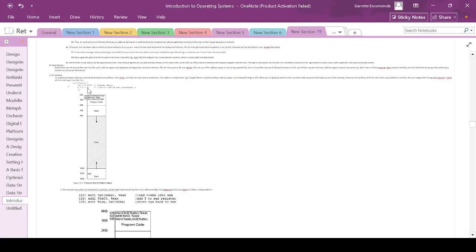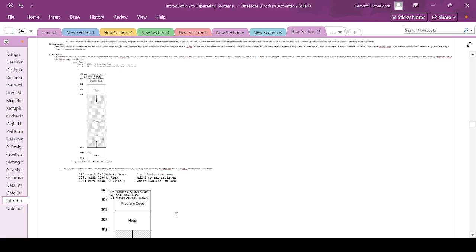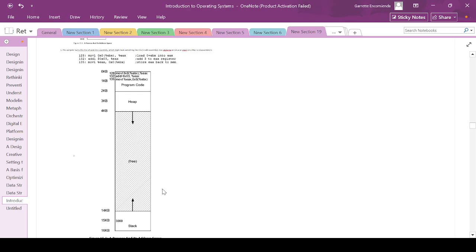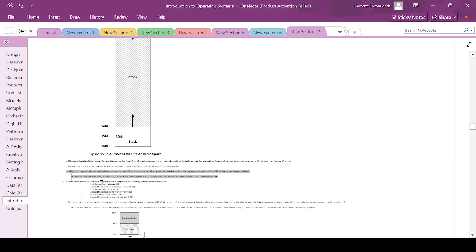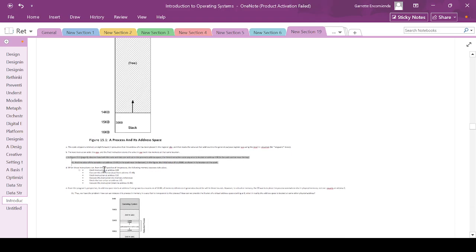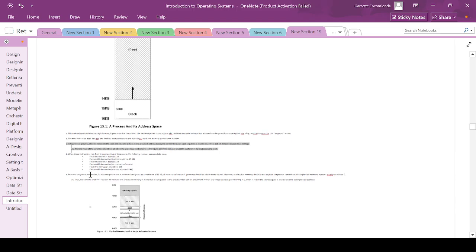So this int x equals 3000 and x plus 3 are loaded here at 128, with the initial instructions. And the value of the variable x is at address 15 kilobytes in the stack near the bottom. In the figure, the initial value of x is 3000, as shown in its location on the stack.